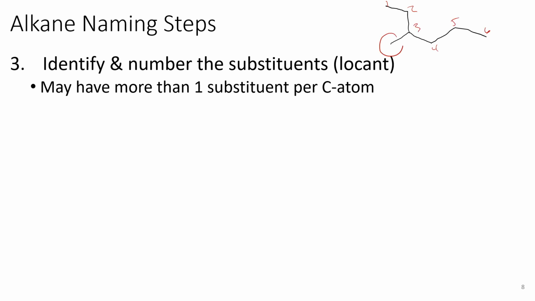The branch that I have coming off is only 1 carbon atom long. So this becomes a methyl branch. So that's where you have to know your prefix to go with your number of carbons. It's only 1 carbon atom, so it's a methyl branch. And it is on the 3rd carbon atom, so I'm going to put the locant in front of it. So it becomes locant, then substituent. So this becomes my 3-methyl branch.